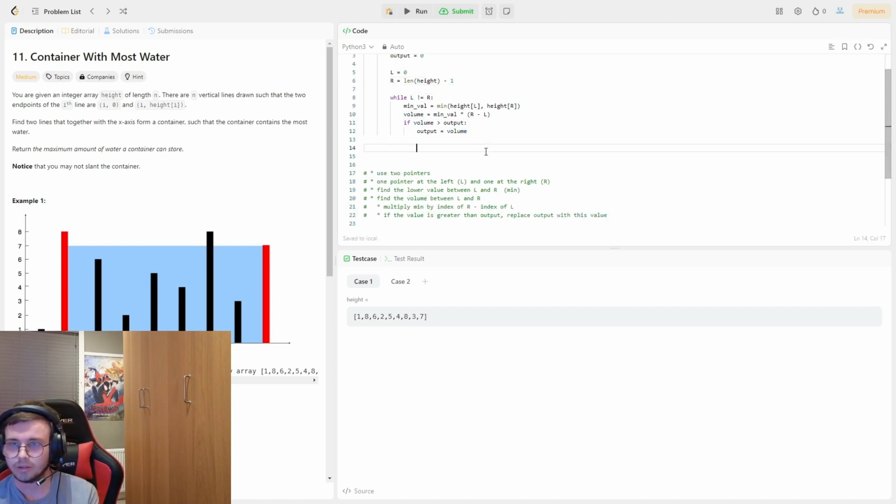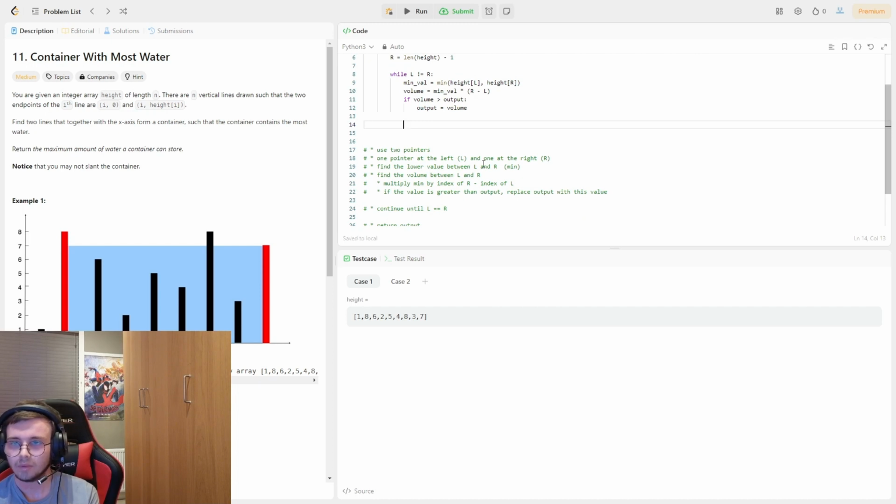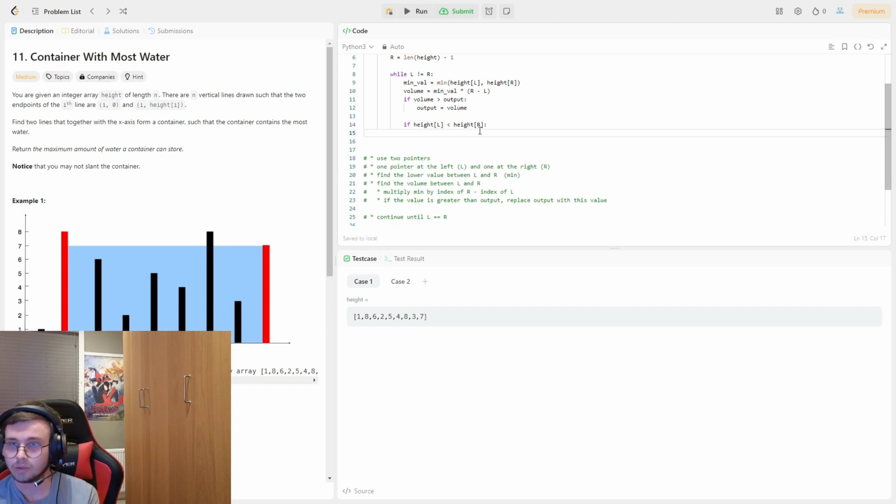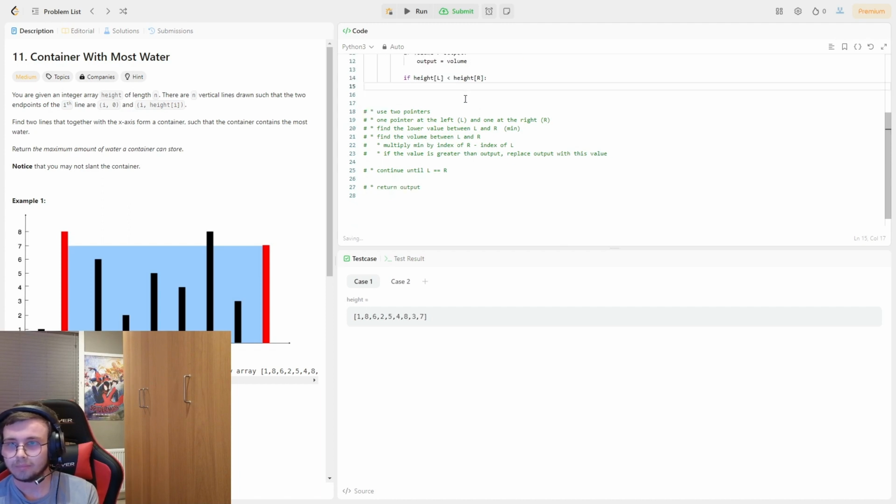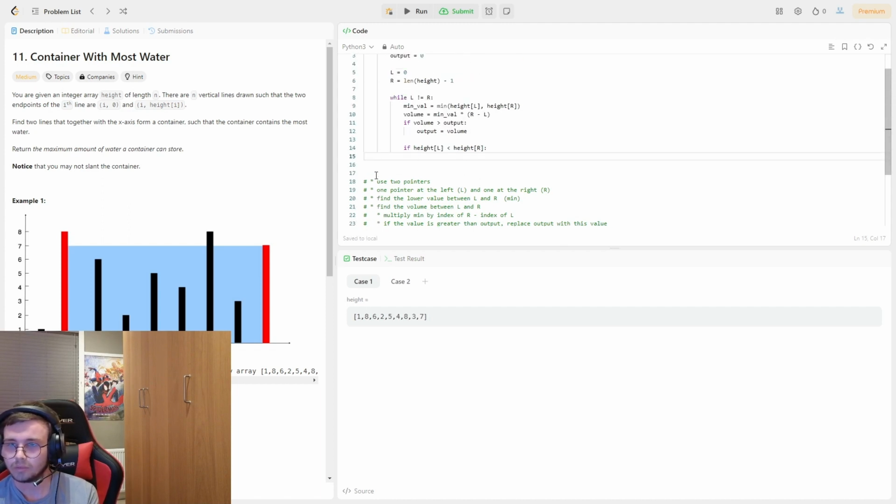Then we're also going to say if height L is less than height R, then, well, what was the order that I did it in? Here, let me copy this back.